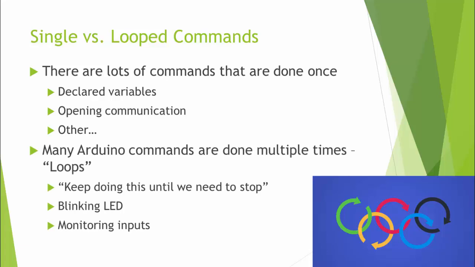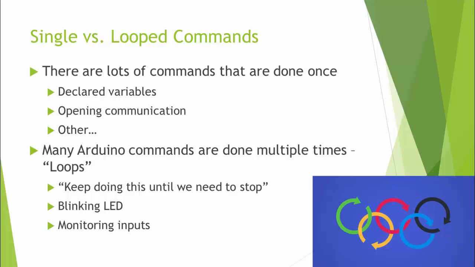On the other hand, with any kind of automation, it's common to do things multiple times, to put in place loops. The basic idea is keep doing this until you need to stop. More on that later. We already saw our blinking LED.